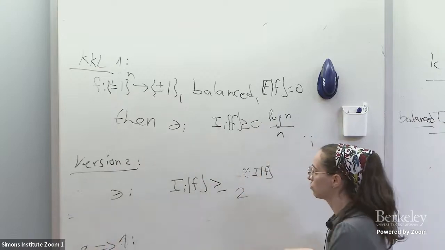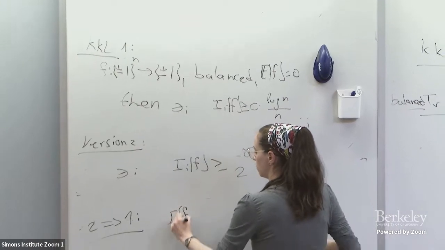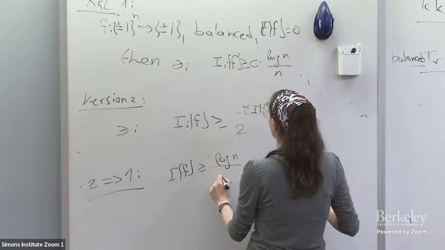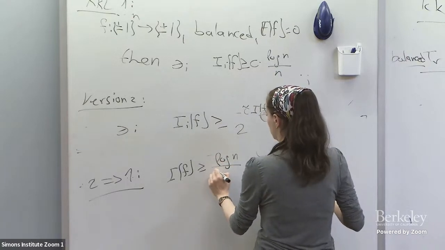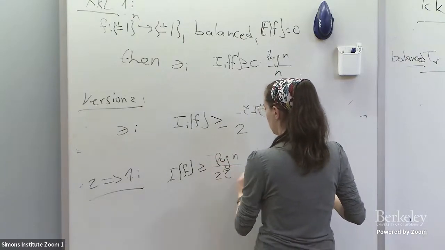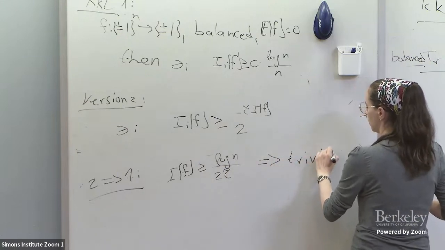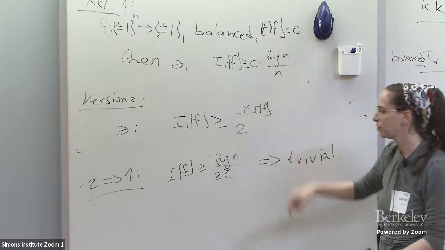If the total influence is large, let's say larger than log n over some constant c, then it's trivial, right? Just divide by n and we get it.